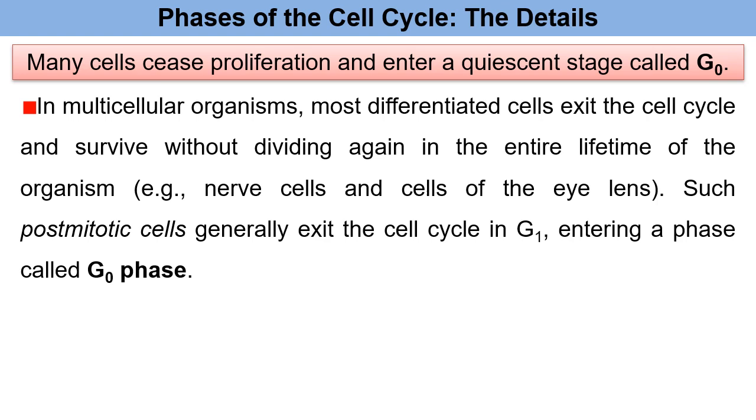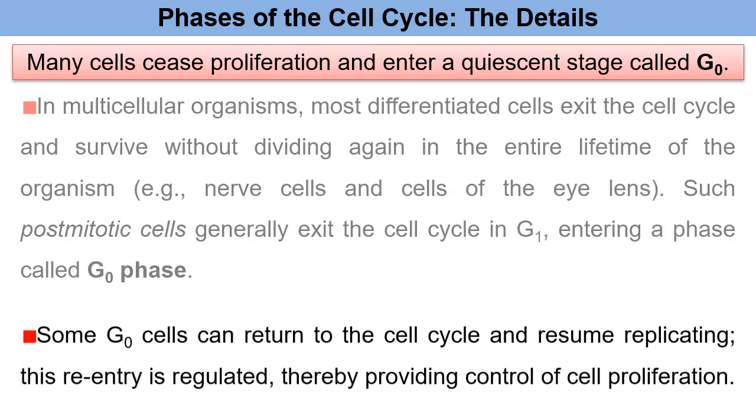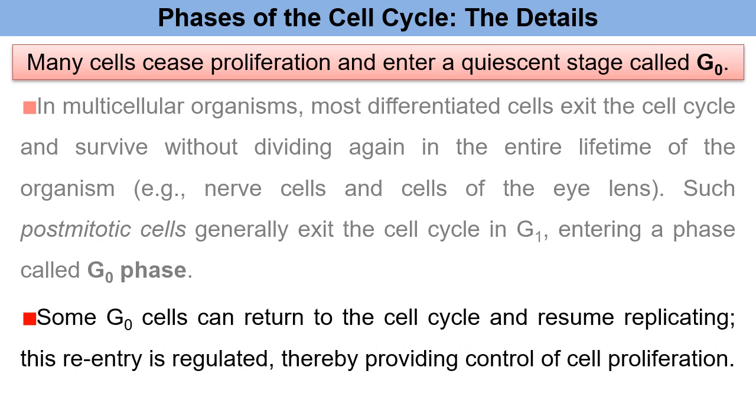Such post-mitotic cells generally exit the cell cycle in G1 phase and enter a phase called the G0 phase. However, there are some G0 cells that can return to the cell cycle, for example, cells of internal organs such as the liver, and they resume replicating. However, this re-entry is regulated, thereby providing control of cell proliferation.